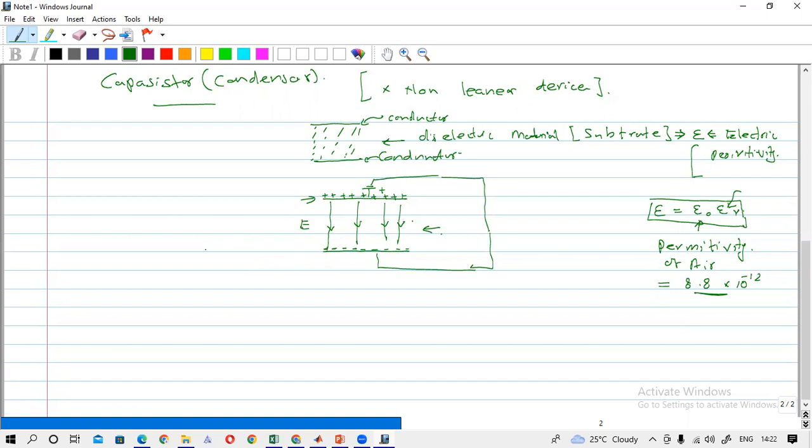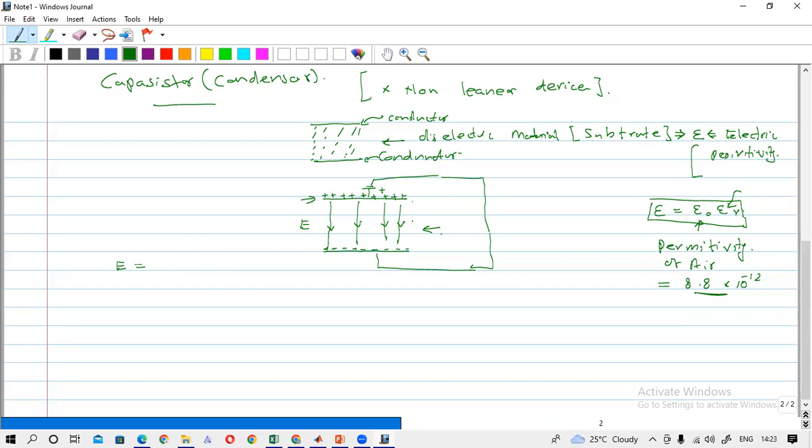You know that E can be defined as follows. This battery has a voltage difference. If you give a voltage difference between these two plates, these plates get some charge, one plate is plus and the other plate will be minus.